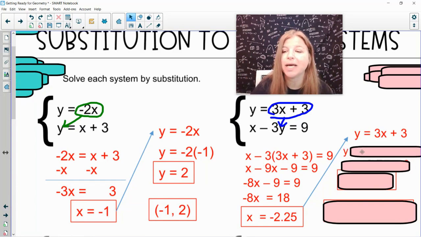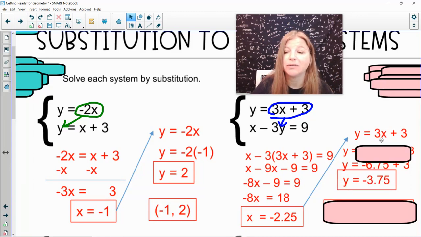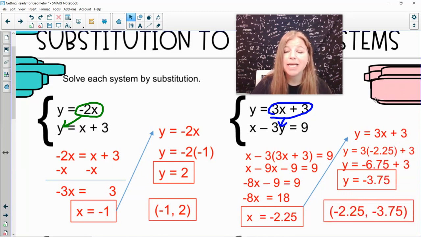So now if I substitute that in, this would look like y equals 3 times negative 2.25 plus 3. 3 times negative 2.25 is negative 6.75, and negative 6.75 plus 3 is negative 3.75. And so my solution to this system is negative 2.25, comma, negative 3.75.